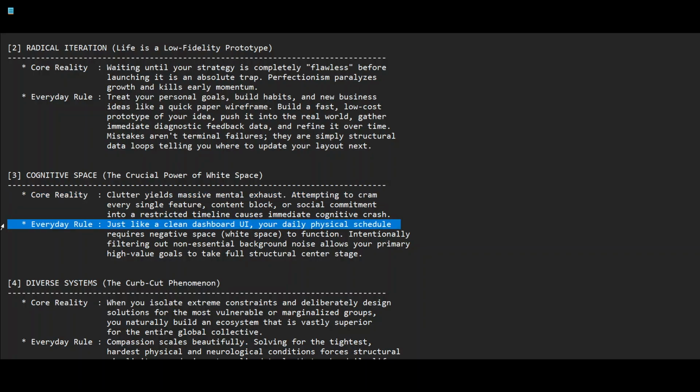Just like a clean dashboard user interface, your daily physical schedule requires negative space, white space to function. Intentionally filtering out non-essential background noise allows your primary high-value goals to take structural center stage.